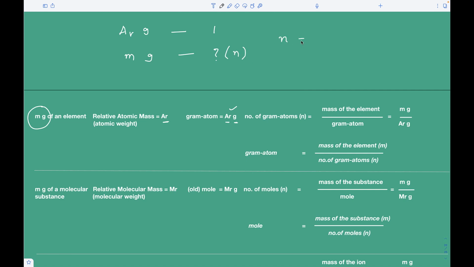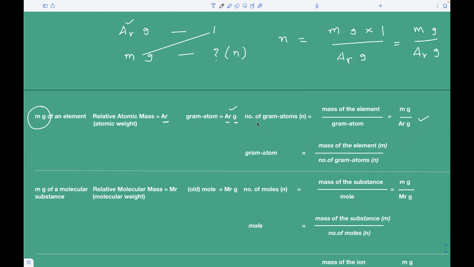How do you get the value of small n? You have to multiply these two terms and divide it with this term. So it will be m grams multiplied with 1 over AR grams, or simply m grams over AR grams, and that's what I have written here.